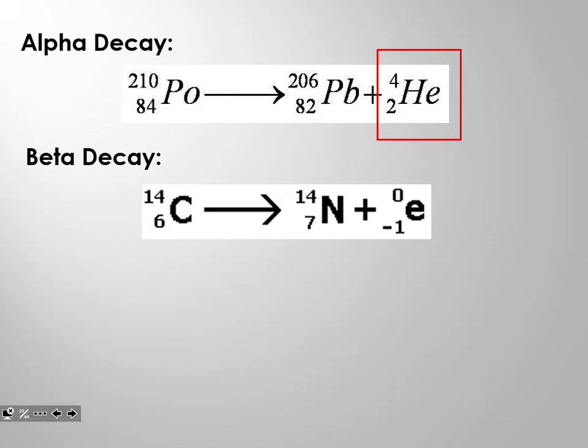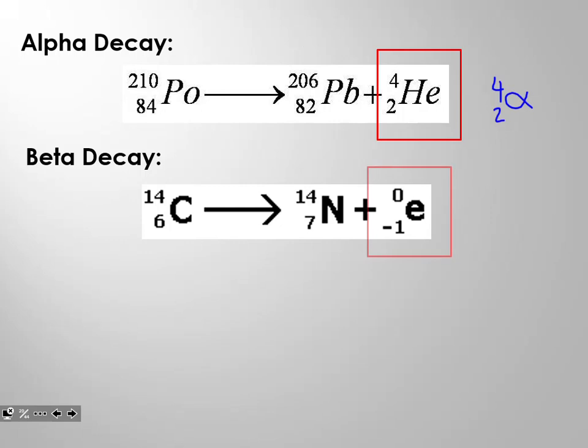In this particular case, the first one, we started with polonium-210, and it lost 2 protons and 2 neutrons and turned into lead-206, and ended up with the helium nucleus or the alpha particle being emitted. You could also have written it using the alpha symbol instead.